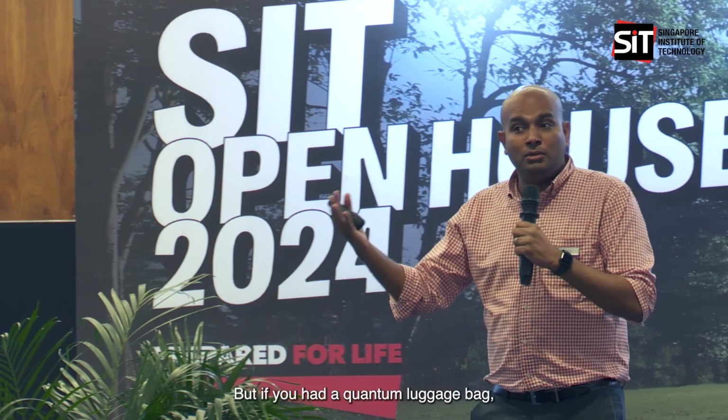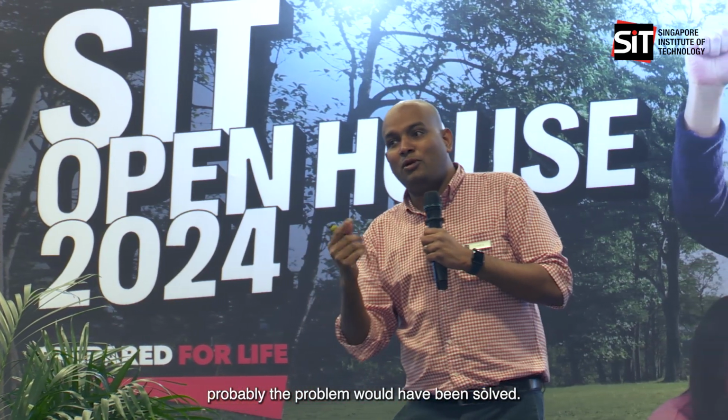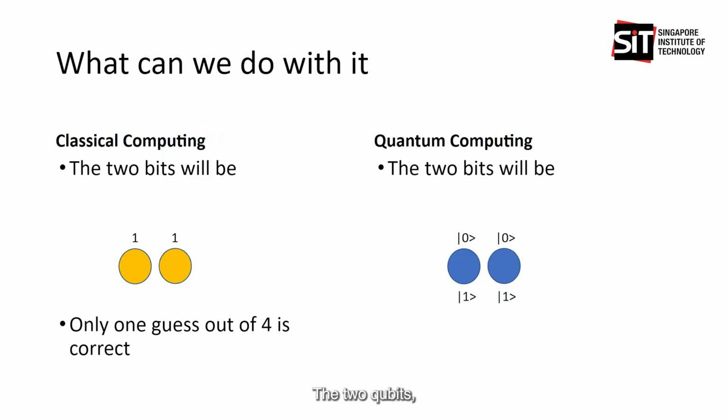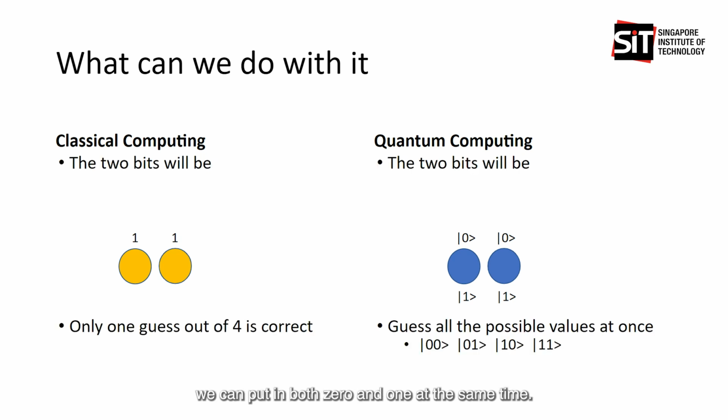But if you had a quantum luggage bag, probably the problem could have been solved. With 2 qubits, we can put the number that we need to guess either in 0 or in 1, or we can put it in both 0 and 1 at the same time. The first bit is both 0 and 1. The second bit is both 0 and 1. When you combine these 2 bits, they are 0, 0, 0, 1, 1, 0, 1, 1 at the same time.